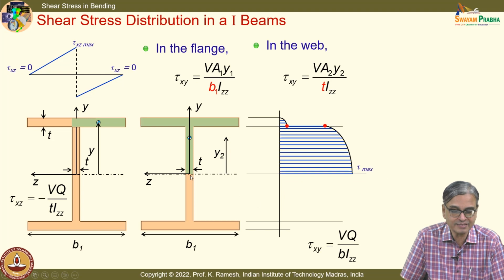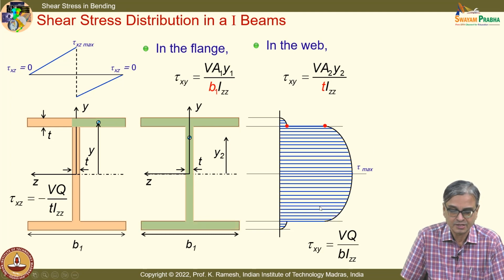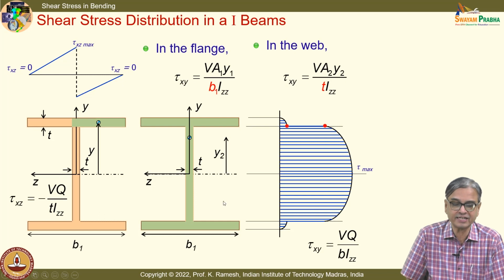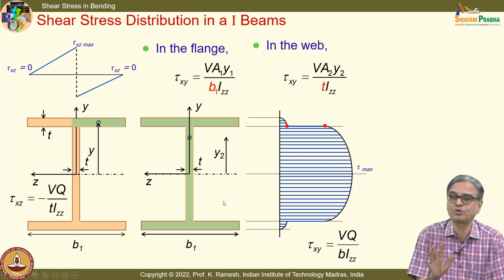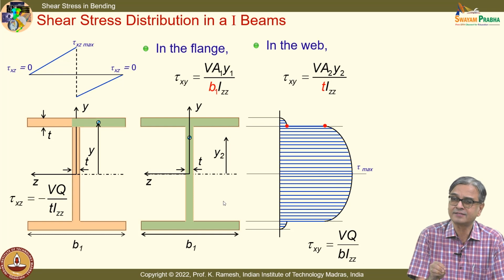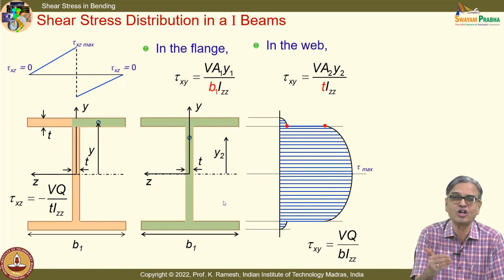You will have a maximum value at the neutral axis. So I have this variation like this. Once you know how to interpret this, for any cross section given, suppose I give a T section, you can also draw it schematically.